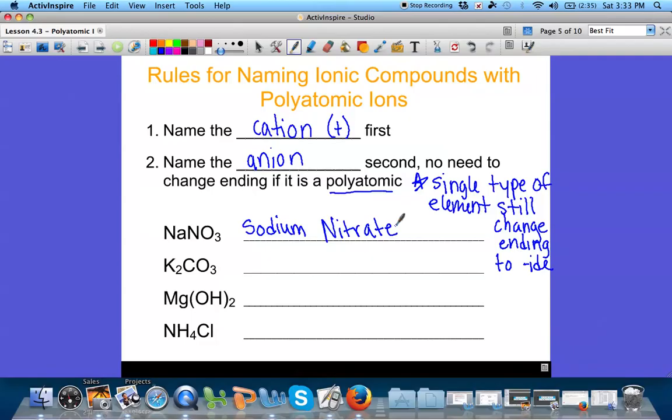Our cation is going to be potassium, and our anion is going to be CO3, which is our polyatomic carbonate. We have Mg(OH)2. Our cation there is going to be magnesium, and our anion is going to be our polyatomic hydroxide, which is OH.